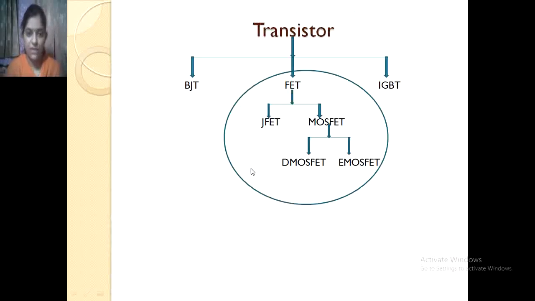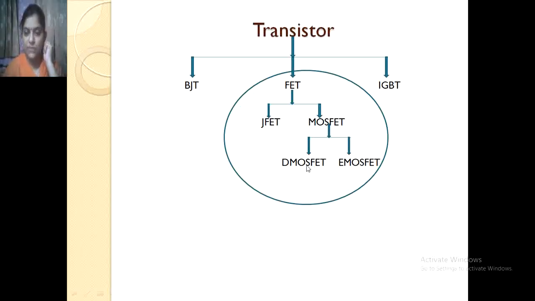So let us start. Already we have seen the transistor is divided into three types, BJT, FET and IGBT. So our syllabus is related to the FET, JFET and MOSFET. From chapter number 1, the JFET, we have already seen, and now we are in the MOSFET chapter. In MOSFET again there are two types, D MOSFET and E MOSFET.